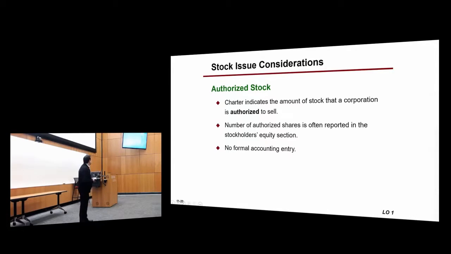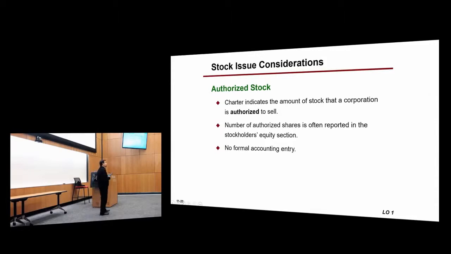Now, like we said, the number of authorized stocks is set in the charter. It's usually more than the stocks that are issued, since they take into consideration future needs of the company.